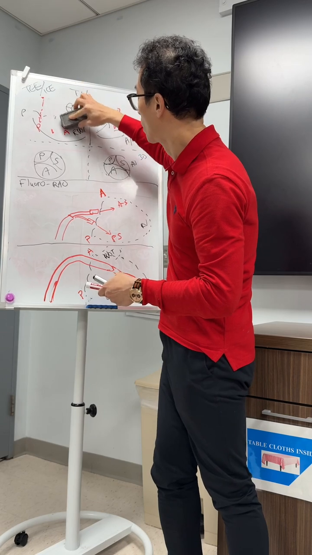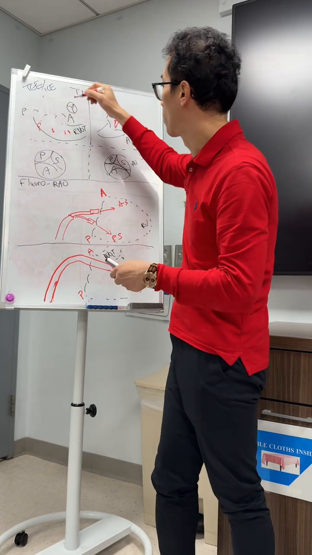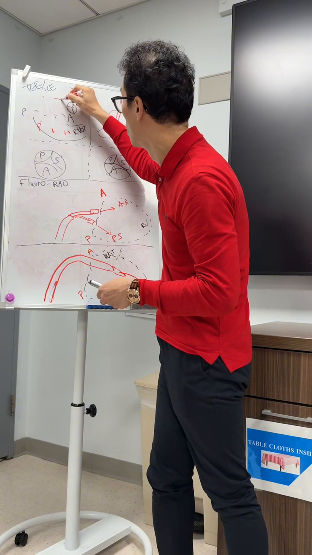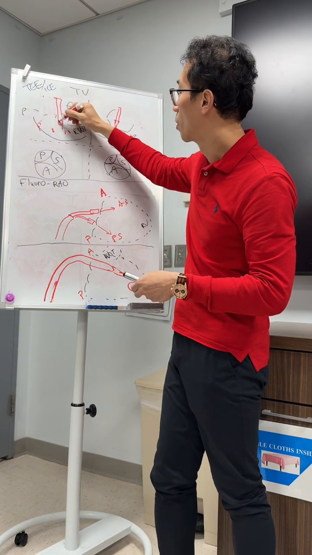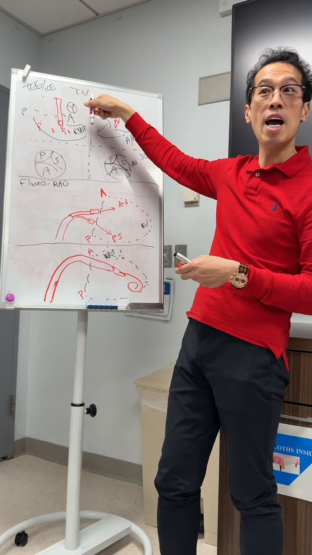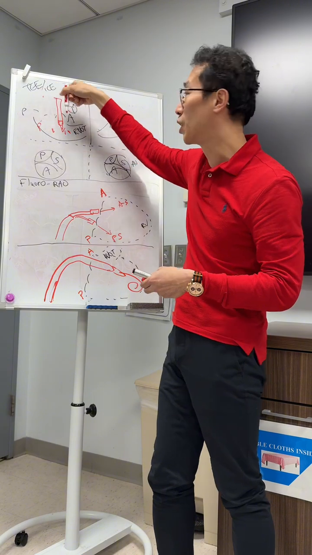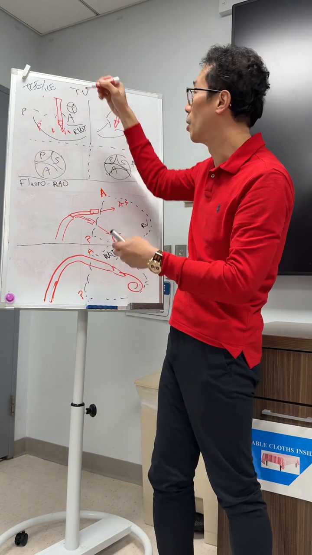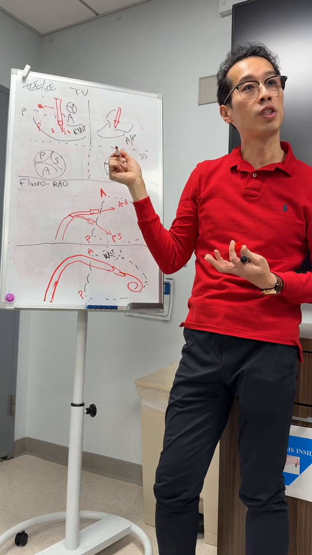Now with TriClip or Pascal, for example, the TTVR device, you want to see where you are. So this is more anti-AS. If you want to go posterior PS, you have to retract the system. You have to go this way, or vice versa.